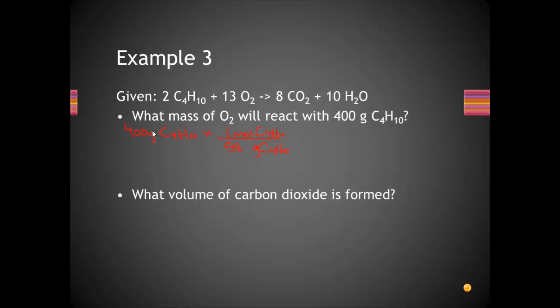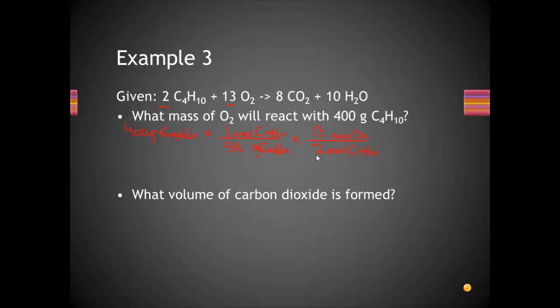The middle step is where we're going to use the balanced equation, because I'm going to have moles of butane on the bottom, and I'm going to have moles of oxygen on the top. The ratio here, if you look at the equation, is 13 to 2. For every 13 moles of oxygen, you need 2 moles of butane.